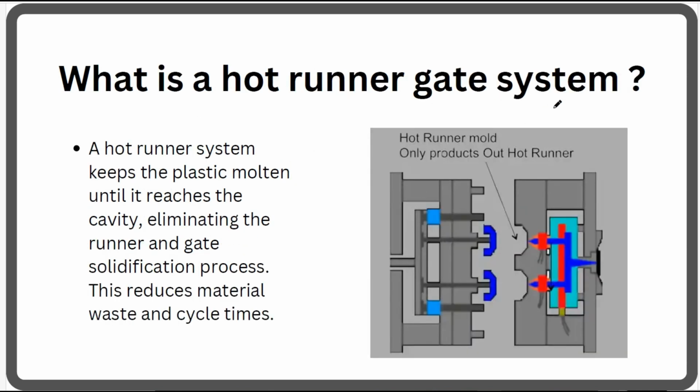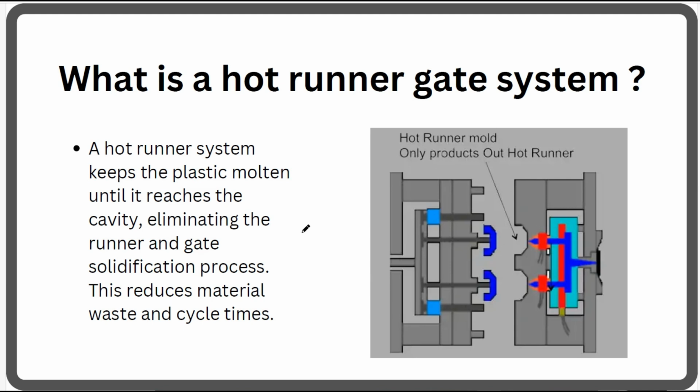What is the hot runner gate system? For that we have already uploaded a video on the difference between hot runner and cold runner systems. In the hot runner gate system we can continuously pass the molten plastic, because we keep the runner system in a heated condition, so there is no possibility of solidification during feeding.